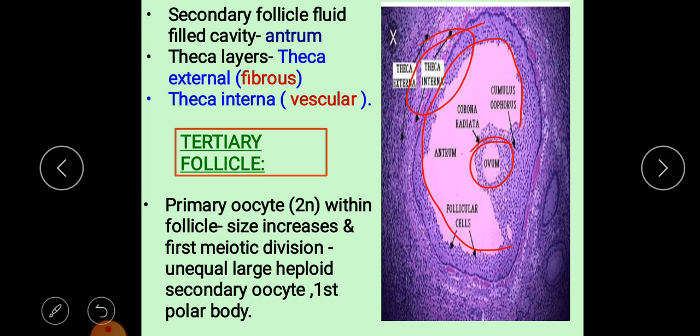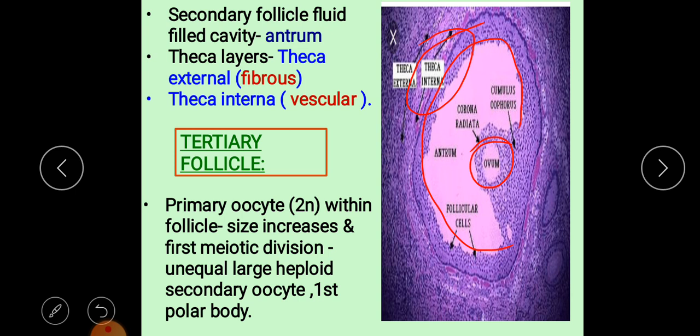Just as I said before, when it reaches puberty, the maturation stage, in the tertiary follicle stage, the meiosis 1 stage which was initially arrested will complete its meiotic 1 division.